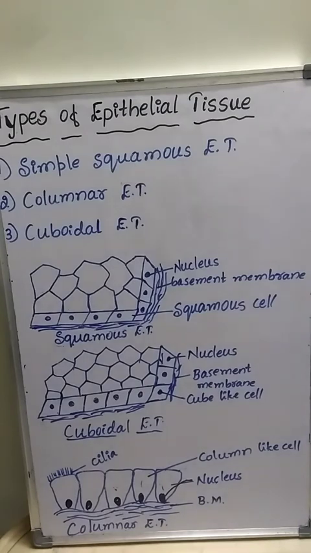And these cuboidal epithelial tissues are present in the lining of the kidney tubules, such as the proximal convoluted tubule and distal convoluted tubules. The lining of the kidney tubules is made up of cuboidal epithelial tissue.